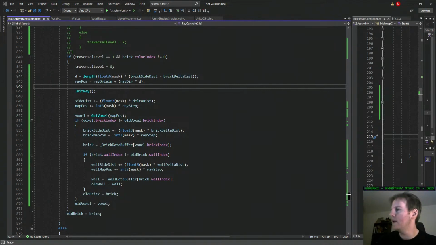They really recalculate the side dist every single step? What?